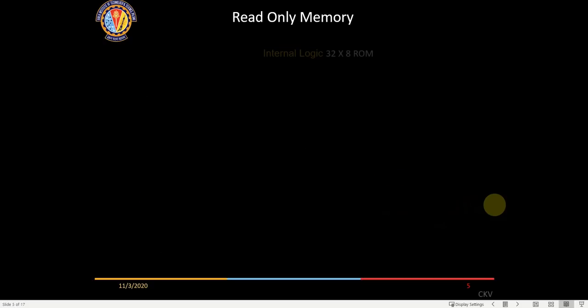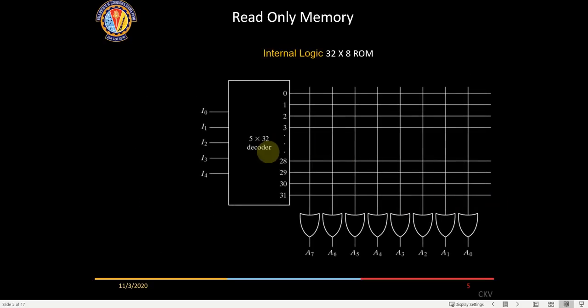So, read only memory. If you see, it has a decoder and it has an output. Whenever we want to fetch the data from some address line, we will place that address here.